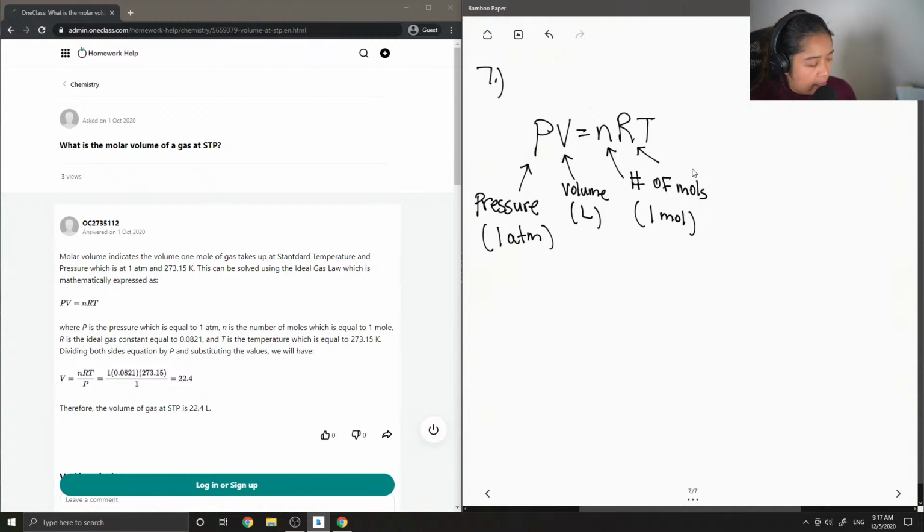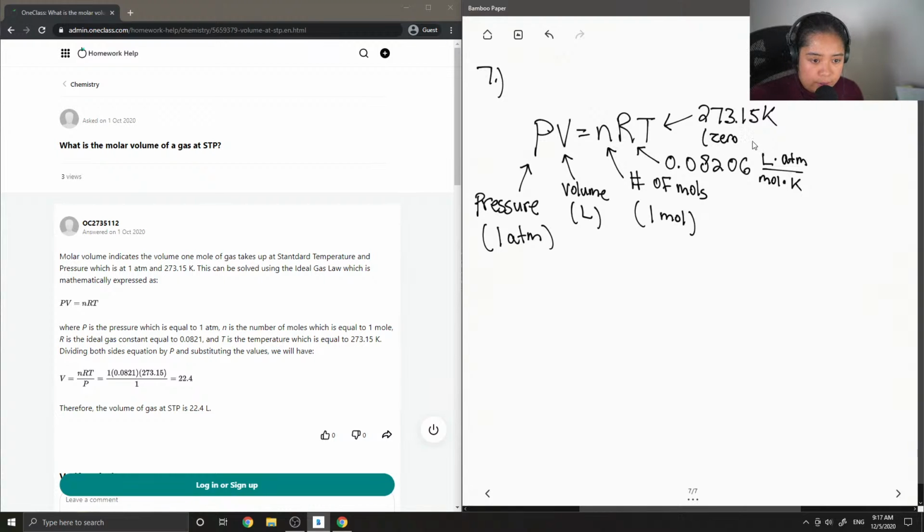R is the ideal gas constant, equal to 0.08206 liters times atm over mole times Kelvin. And the temperature will sub in as 273.15 K, which is 0 on the Celsius scale.